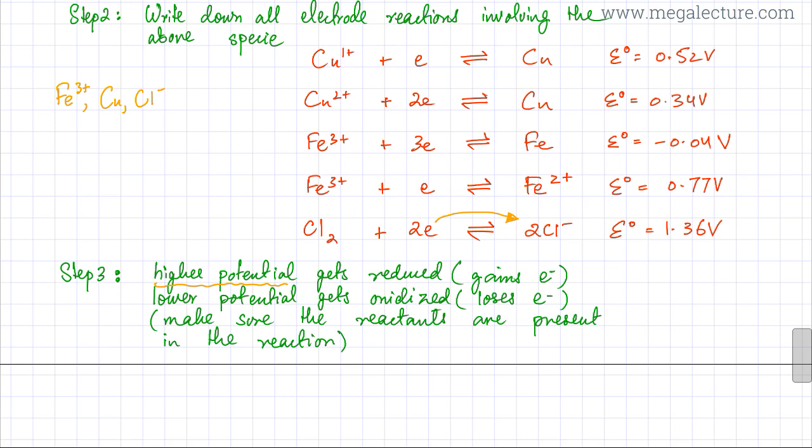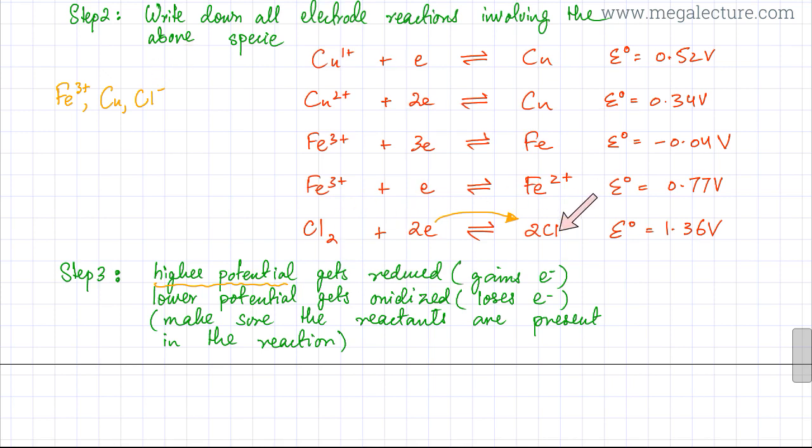But now there's one problem. This is the highest potential, so I have selected it, but for it to gain electrons, it must go in the forward direction. But for it to go in the forward direction, it's chlorine that is the reactant that should be gaining electrons. But I only have Cl-, I don't have Cl2. So I won't be able to fit this reaction to my reactants over here.